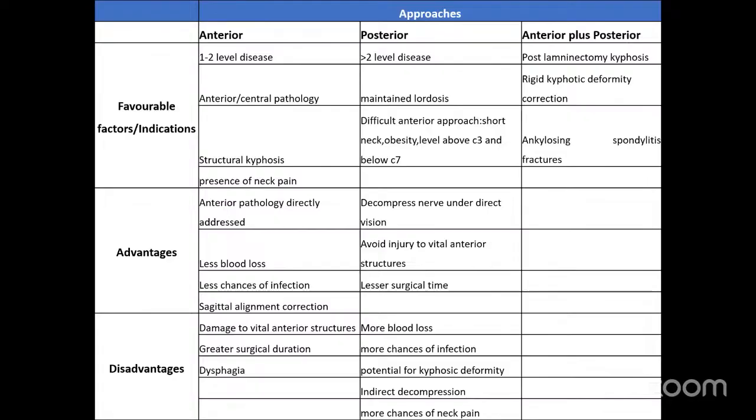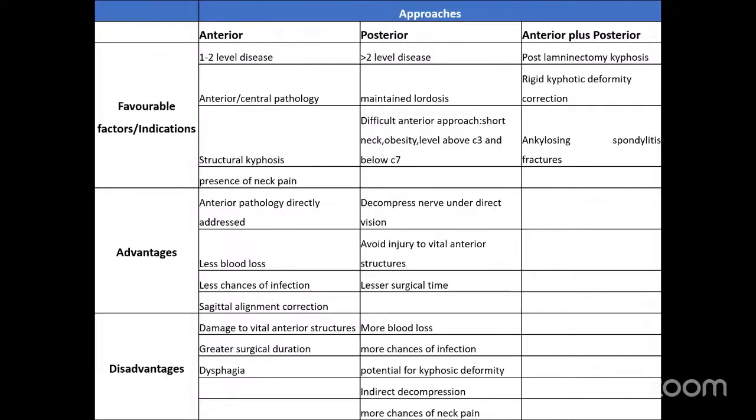So you have to determine whether that neck pain is significant or very relevant or not, and whether it should be considered while planning your approach. If it is very significant, if the neck pain is hampering the patient's functional ability, then you can go in just posterior and fix it. Do not leave it just by doing a laminectomy.